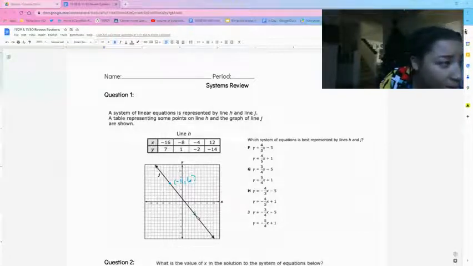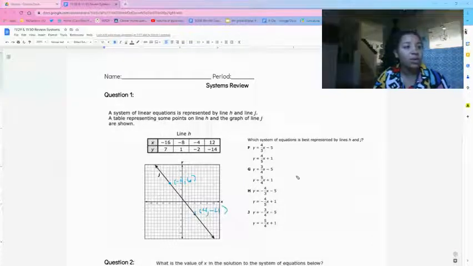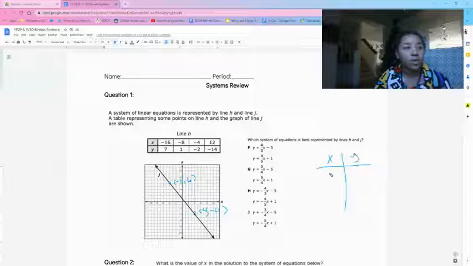So those are 2 points here, and then a point here is going to be 4 and -4. I'm going to create this into a table, x, y: -4, 6, 4, and -4.